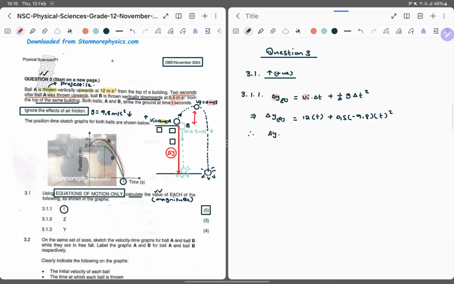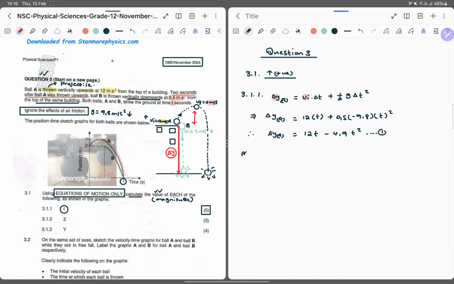Therefore, delta y for A is going to be 12T minus 4.9 T squared. We can make that equation 1. So this is what we can get for ball A.